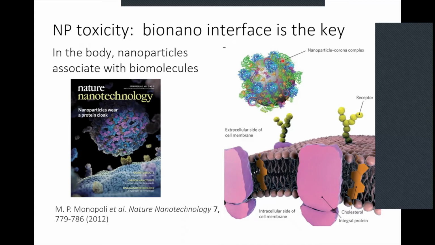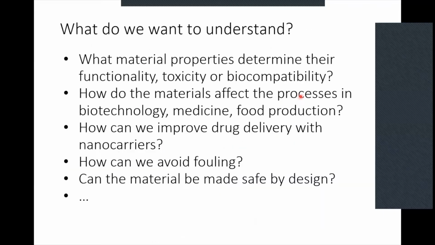So what we need to understand is the corona, and the corona will be our main focus here. We will try to understand how the corona is formed, and based on this, make some predictions. And that is indeed possible. I will cite certain papers that prove that such an approach can be successful.